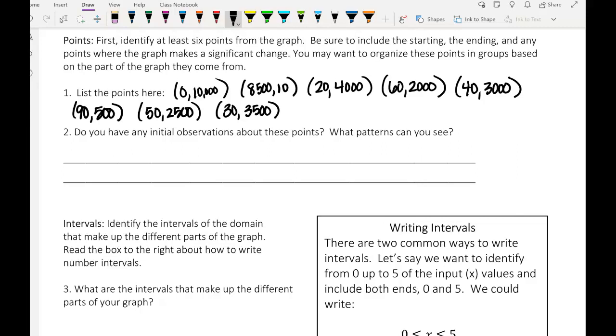Annabelle, what's the point you guys came up with? 100, 0. Isis, what's the point you came up with? Which makes me realize the second point I was given should be 10, 8,500.